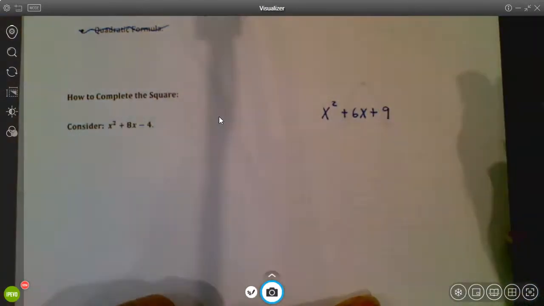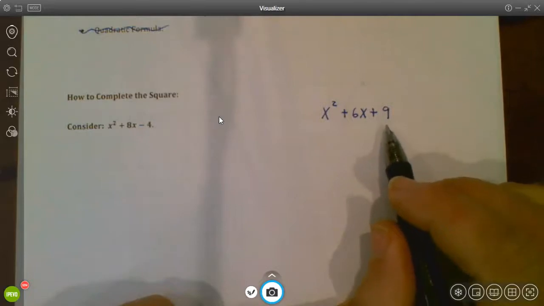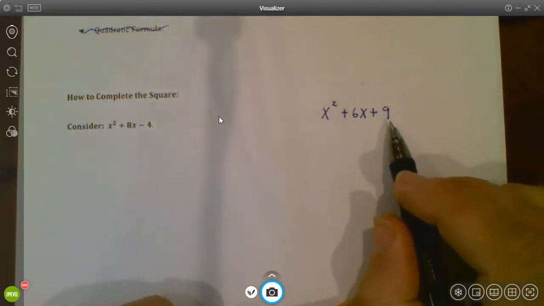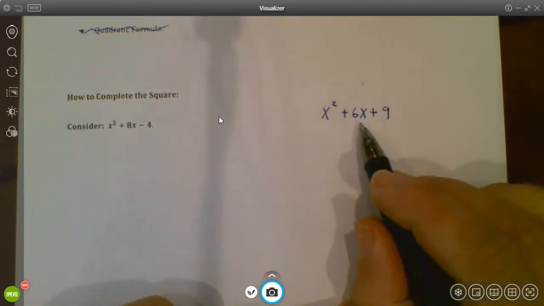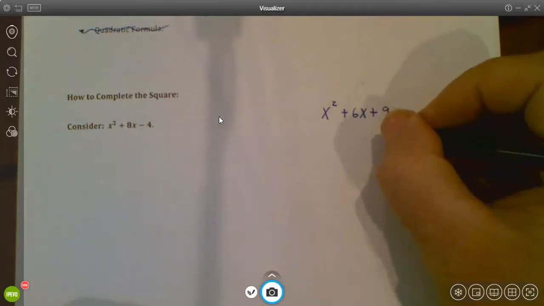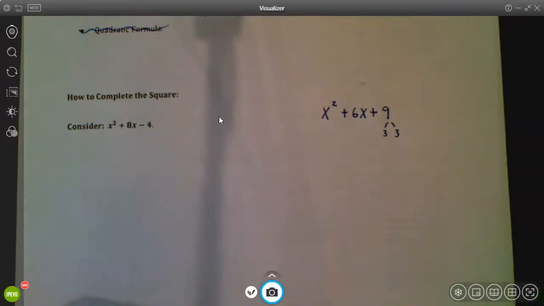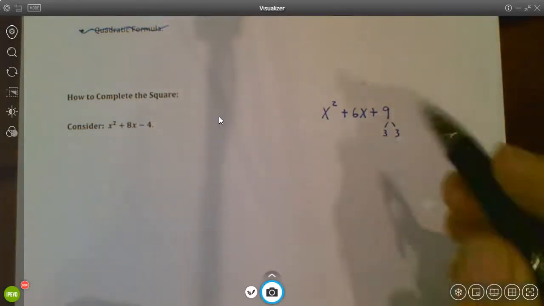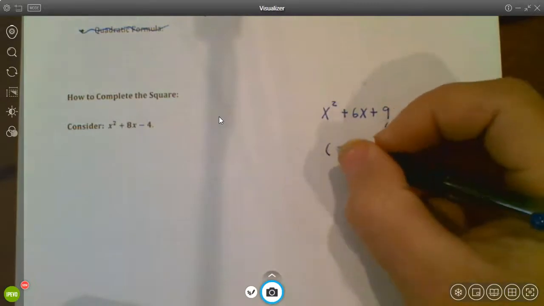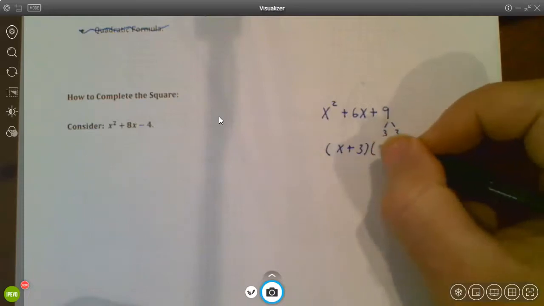If I asked you to factor this, we would ask, what are numbers that multiply to be 9 and add to be 6? That's how we factor a trinomial like this. My numbers are positive 3 and positive 3, so we would write that as x plus 3, x plus 3.